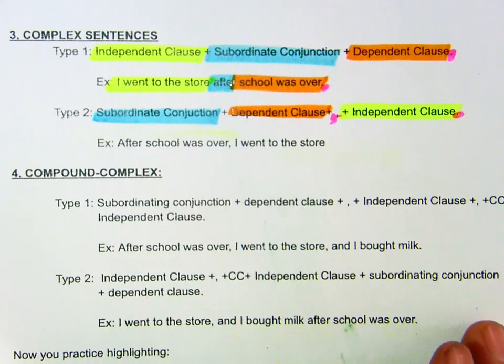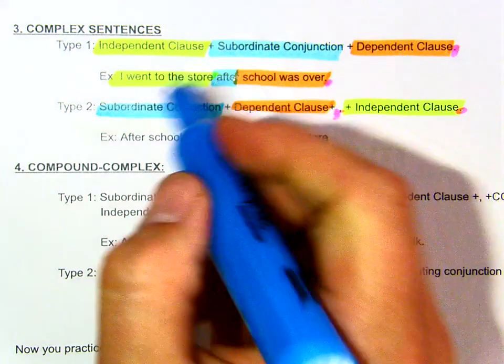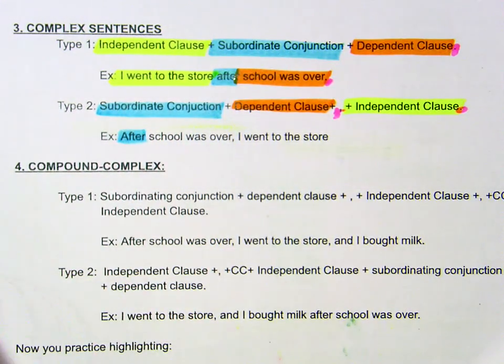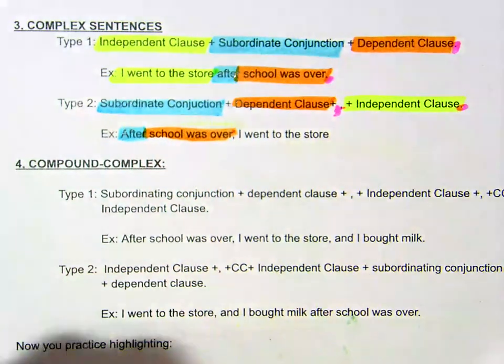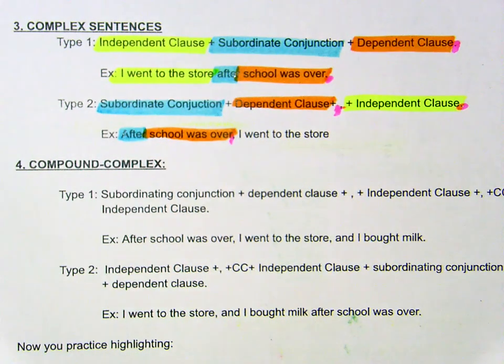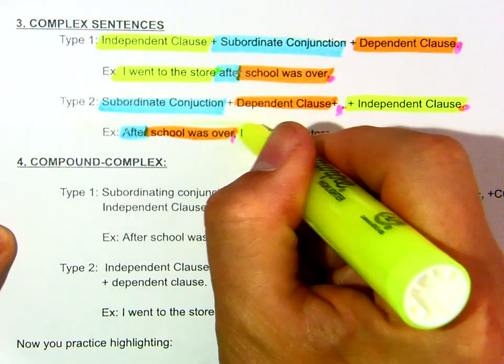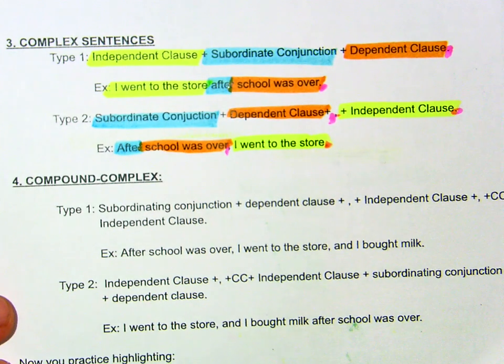So this is what it would look like if it was the actual sentence. You would say after, that's our subordinating conjunction, school was over, and then a comma, then our independent, I went to the store, and then a period at the end.